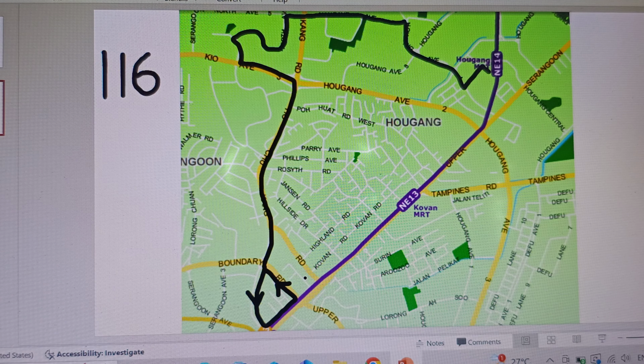Because of that, service 53M and 116 were designed intentionally to call the other side, the opposite side of Next, so that you don't run into any sort of congestion. So this is what I mean by the way bus routes are intentionally designed.